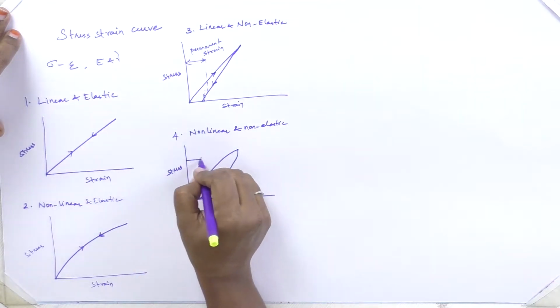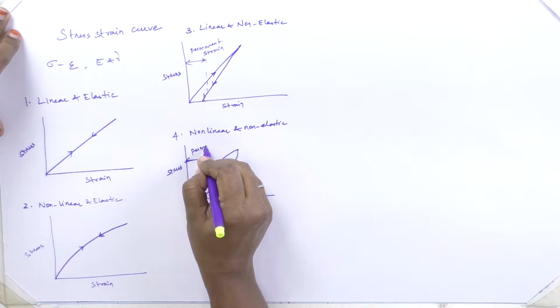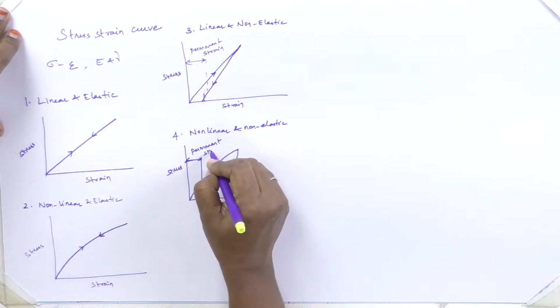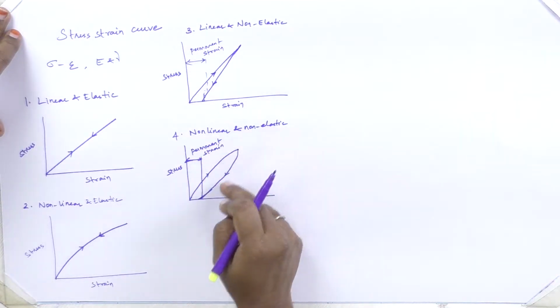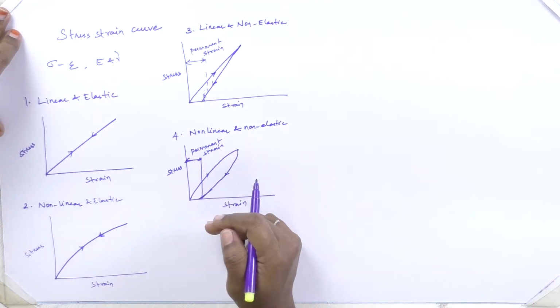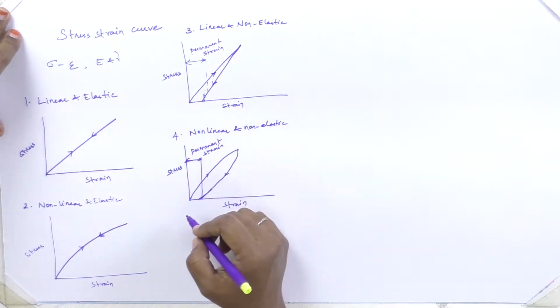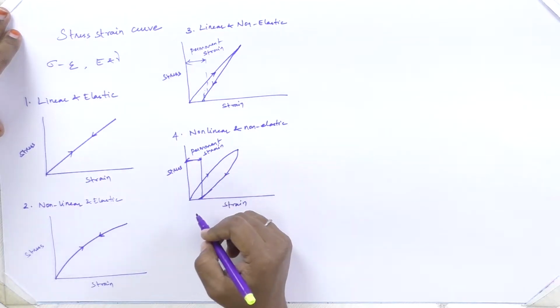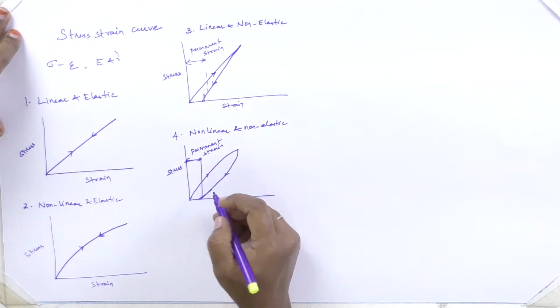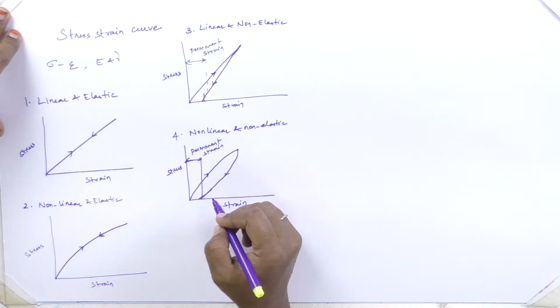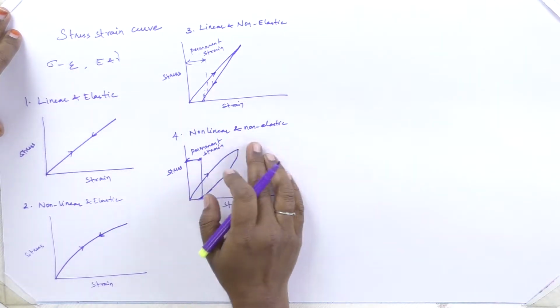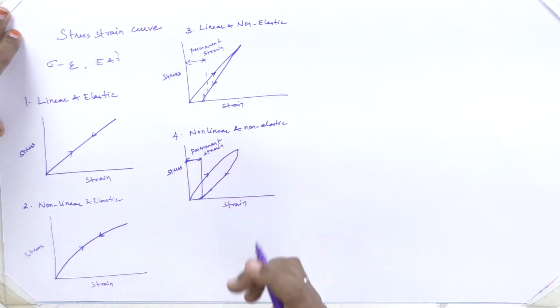Some permanent strain will be left. Here it forms a loop-like structure, that is the hysteresis loop, that is formed during cyclic loading, as in earthquake loading.